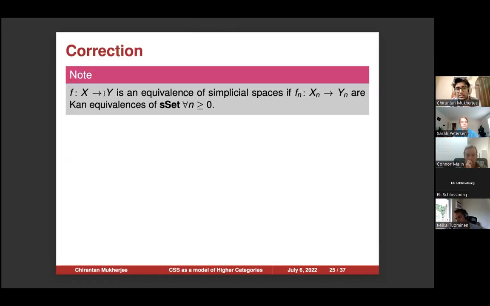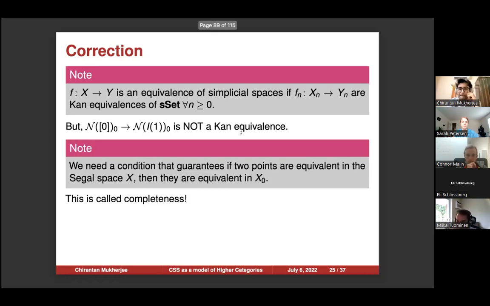We say that if we have two simplicial spaces x and y, then they are equivalent if and only if all the levels are Kan equivalences, that is, xn and yn are Kan equivalences of simplicial sets. But in our case, at the 0th level, they are not equivalences, and hence the nerve of 0 and the nerve of I1 cannot be equivalent as simplicial spaces.